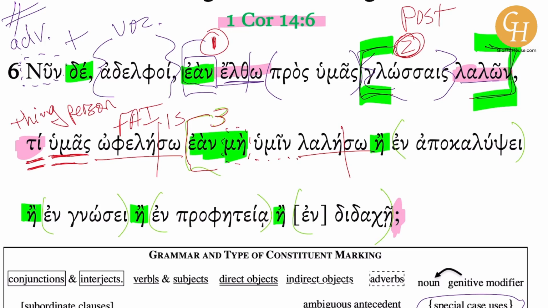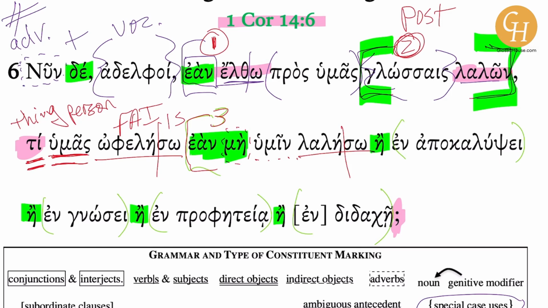We saw one in the previous verse. Except that. So here the question would be kind of implying, I'm not going to benefit you anything unless, ean me, unless to you I speak, unless I would speak to you.